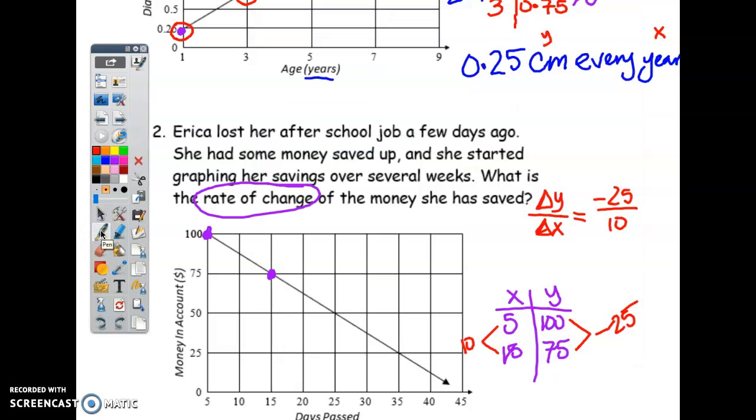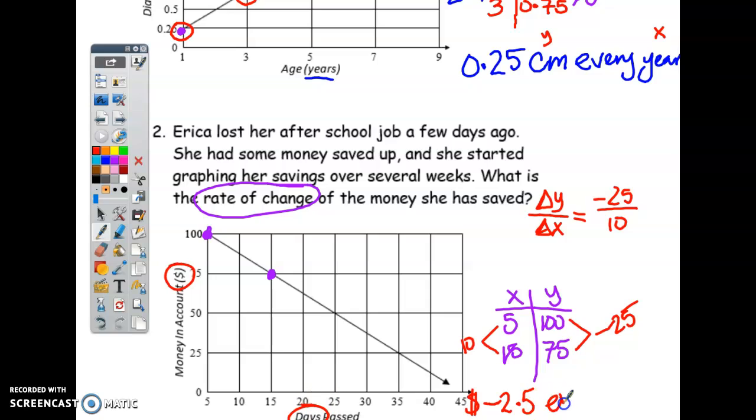Negative 2.5 what? Okay, that's what we need to figure out. It's negative 2.5. Y goes first, money, right? So dollars, every day that passes.